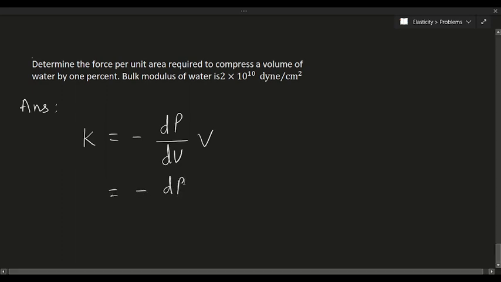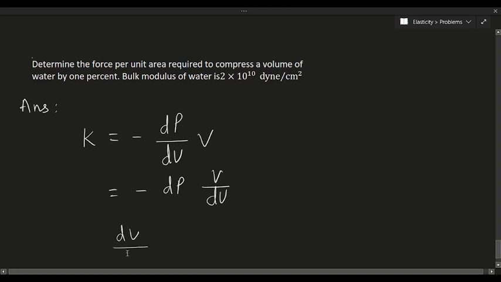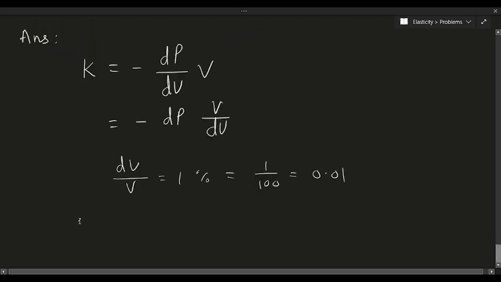We write it as minus dP into V upon dV. Water is to be compressed by 1%, means change in volume divided by original volume must be 1%. That is 1 upon 100, which is equal to 0.01. Therefore, V by dV will be 1 upon 0.01, that is 100.